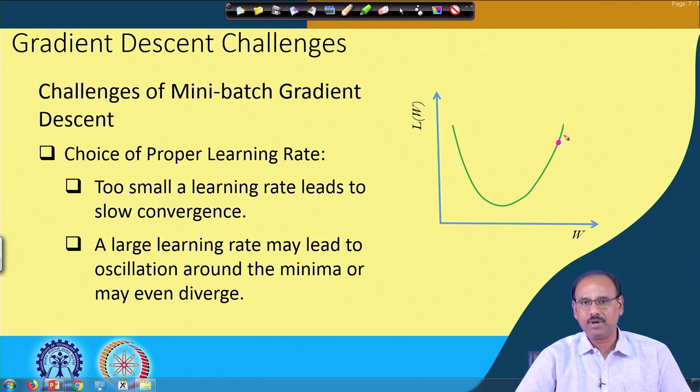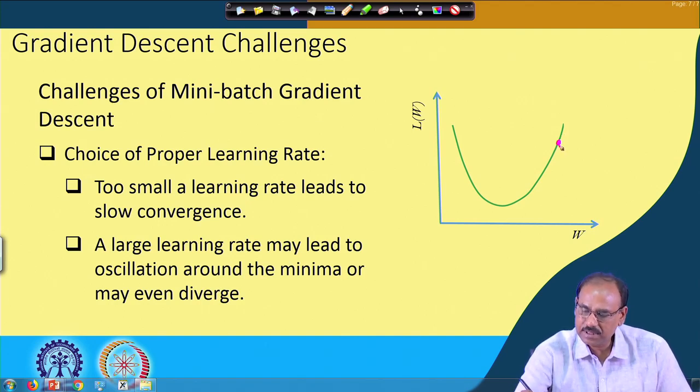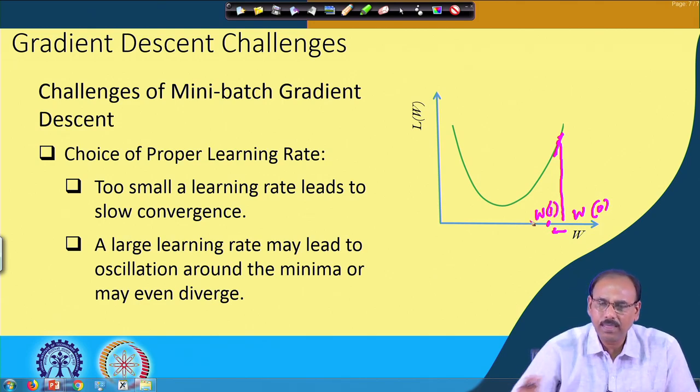So W is chosen somewhere over here. For updation, you take the gradient of L at this location and you update W in the direction of negative gradient. That means suppose this was my W0, and to have the W1, because the gradient direction is this, I take a step in the negative direction. So I come over to W1, which is somewhere over here. That is my next estimate of the weight value.